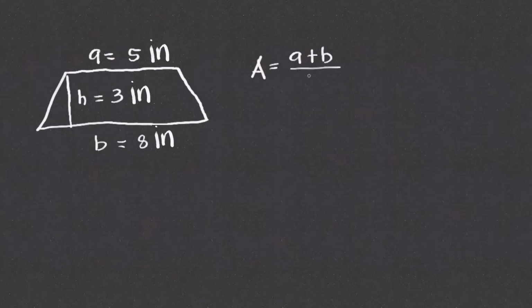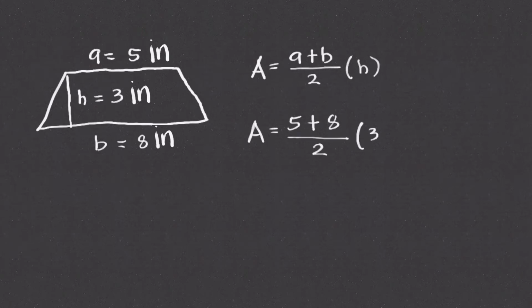A is equal to (a plus b) over 2 times h. Let's substitute a, b, and h. 5 plus 8 over 2 times 3. Therefore, the area is equal to 19.5 inches squared.